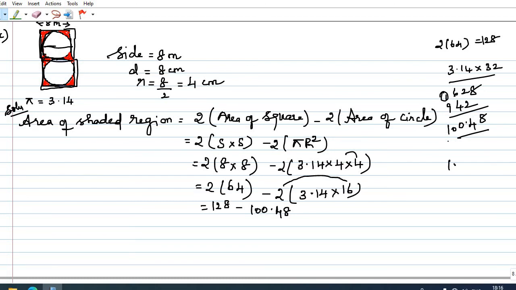Just you subtract this, 128 minus 100.48. Subtract this. 10, 9. So this is 7. 10 minus 8 is 2. 9 minus 4 is 5. And 7 minus 0 is 7. 2 minus 0, 2.